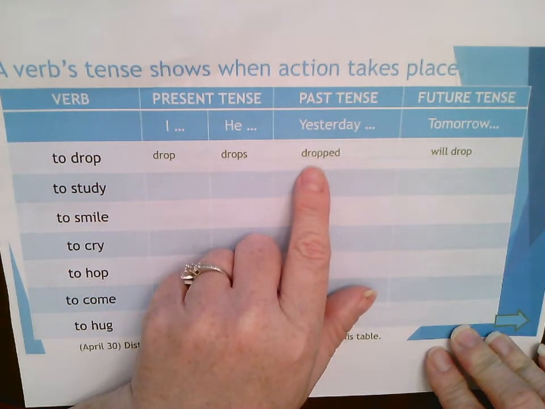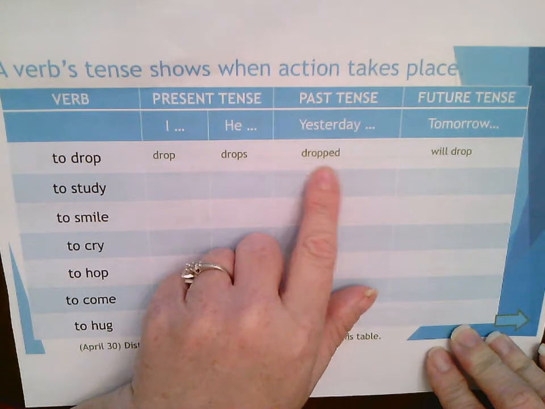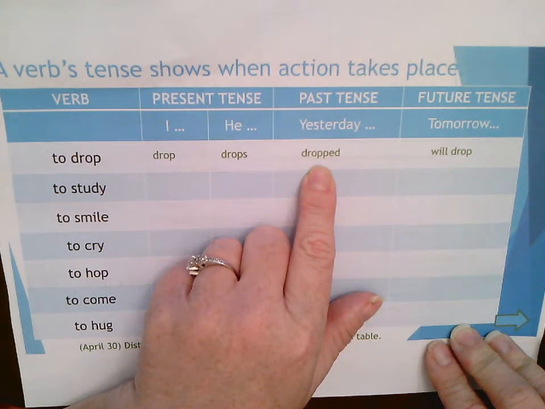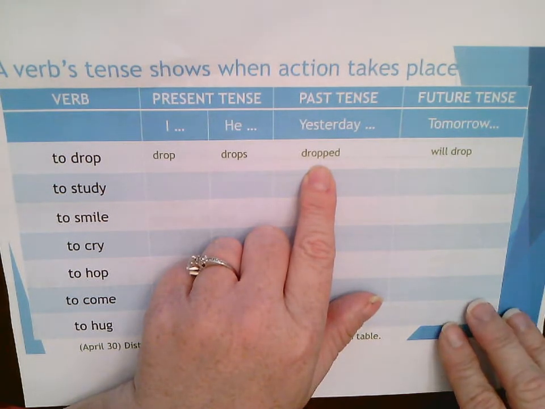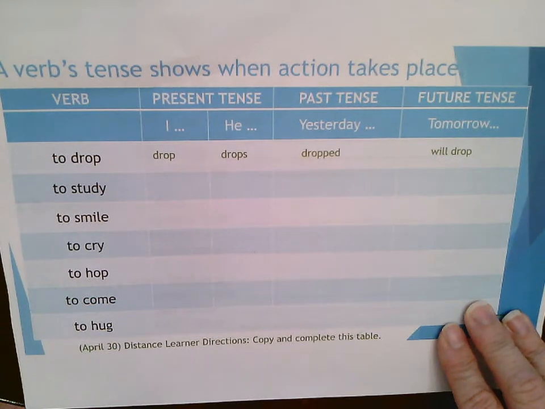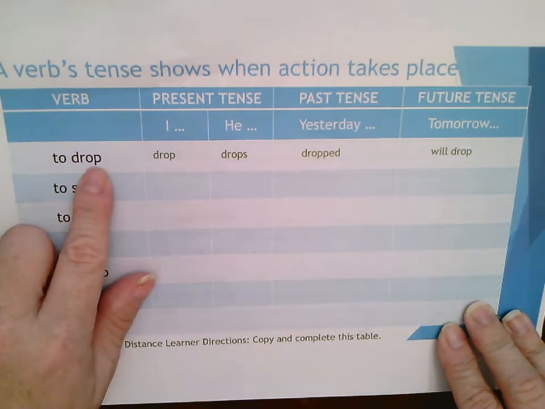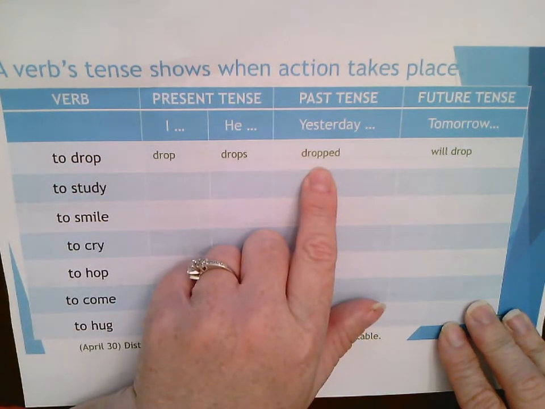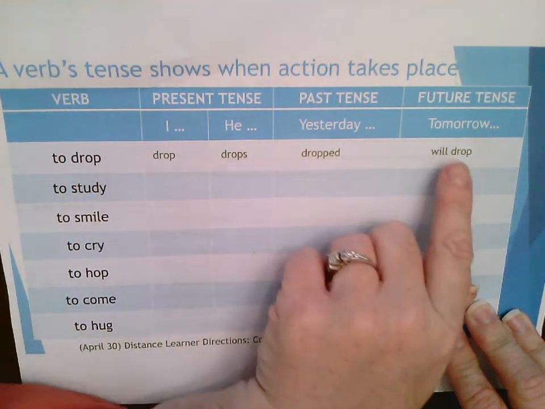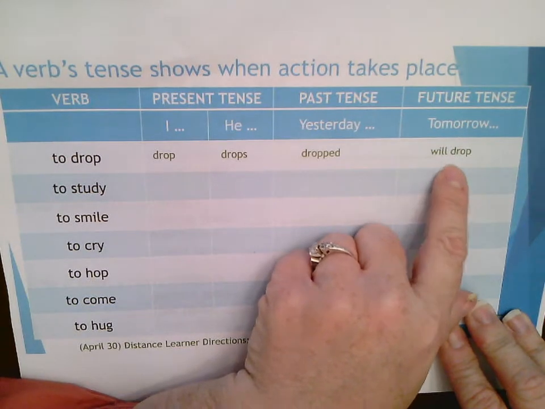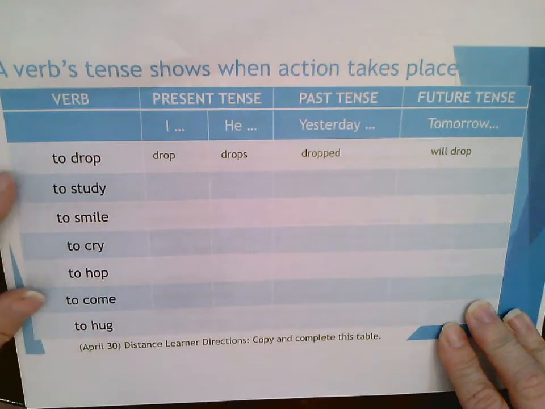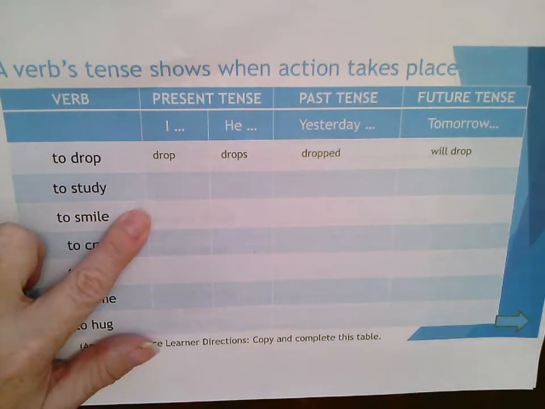Yesterday I dropped, I just added an ED, but remember I do have to double the final consonant on drop and make it a PPED. When a verb ends in a vowel and consonant in its base form, I do double that final consonant and then add ED. Future tense, tomorrow, will drop. We just add the will in front of the verb drop.